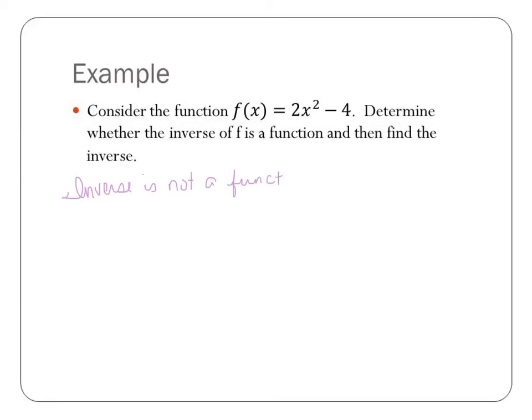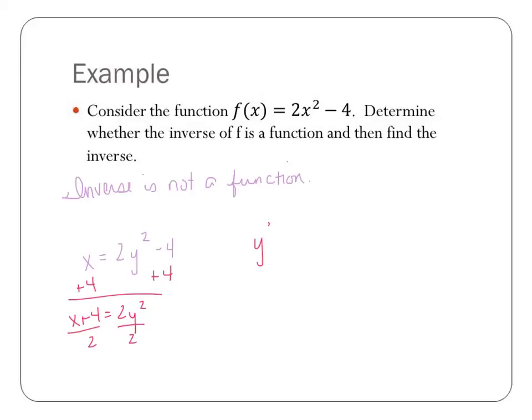And it does ask us to find the inverse anyway. So we're going to have x equals 2y squared minus 4. And remember then that we are solving for y. So we're going to add 4. x plus 4 equals 2y squared. You need to divide by 2.